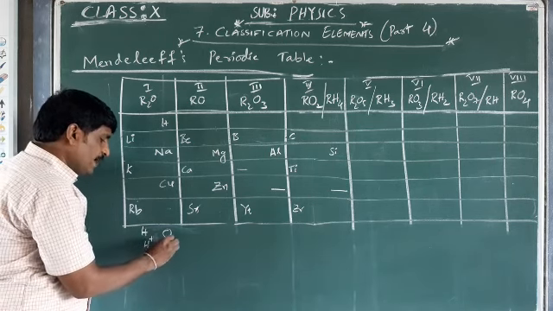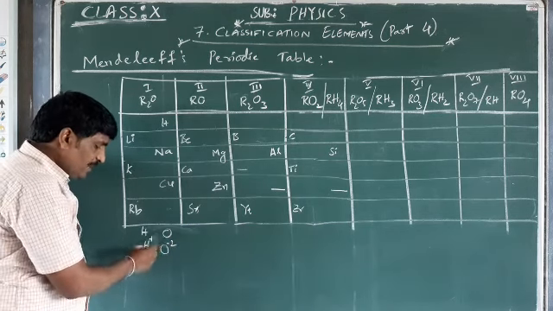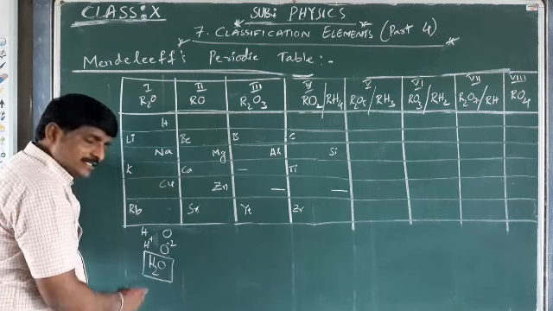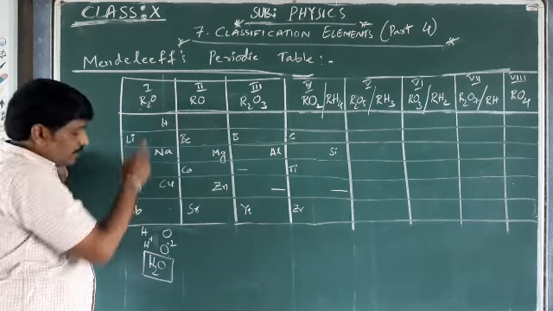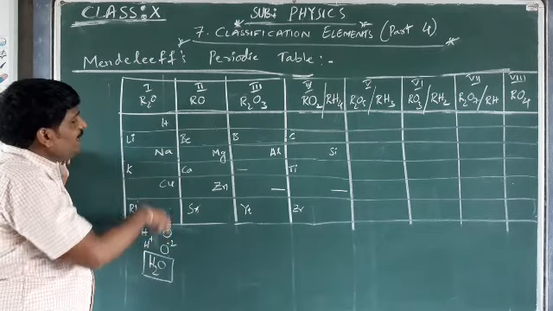Oxygen's ionic charge is -2. If we crisscross these values, we get H2O. The water molecule is in the form of R2O. Is it not in the form of R2O? Yes.